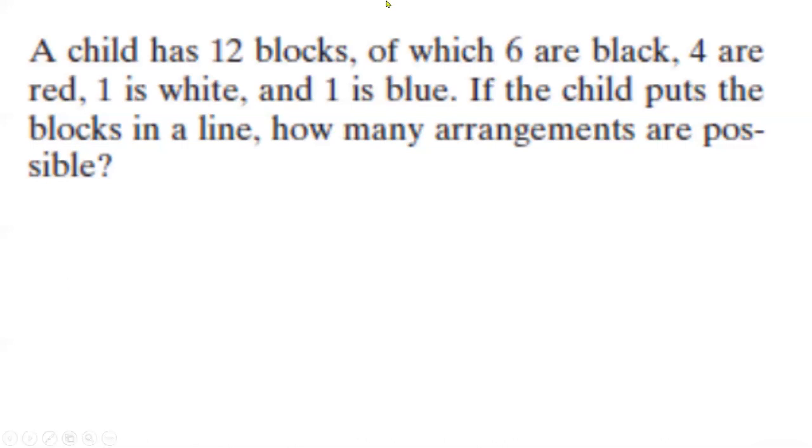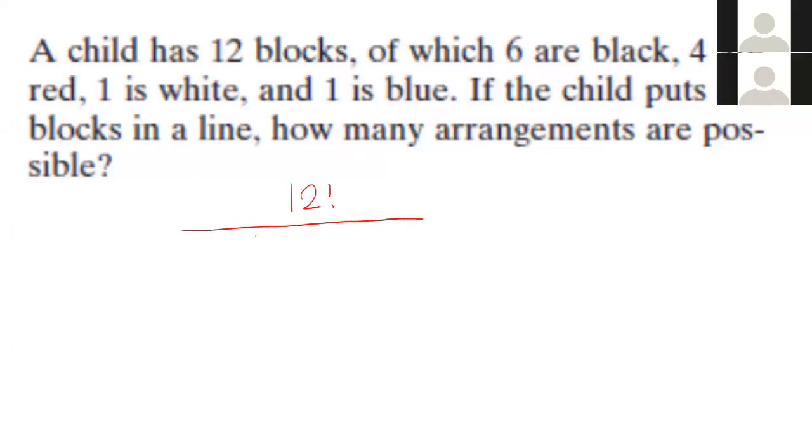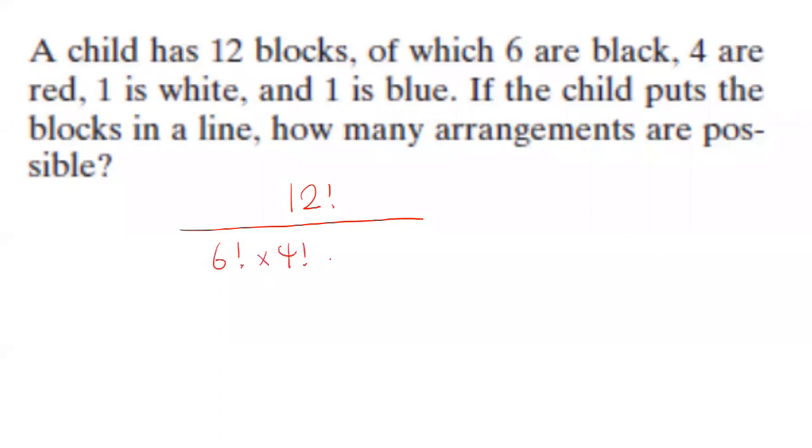Okay, have you finished? How do we write the result? 12 factorial over 6 factorial, 4 factorial, 1 factorial, and 1 factorial, right?